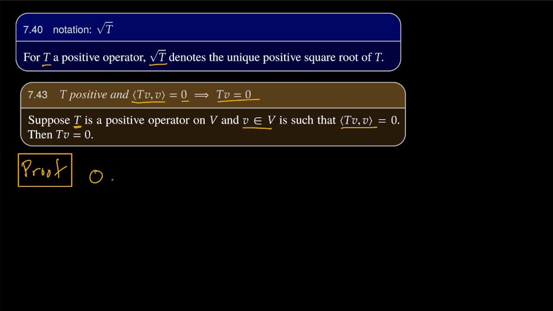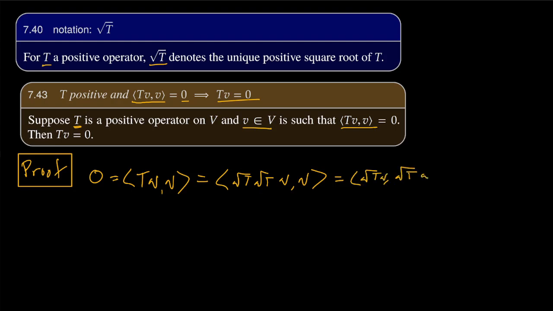Suppose that's the inner product of Tv with v. Now just write Tv as square root of T applied to square root of T of v, with v. Well, since the square root of a positive operator is the unique positive square root, and a positive operator is always self-adjoint, we can just turn this into the inner product of square root T v with square root T v, since when we take the adjoint of root T, it is itself.